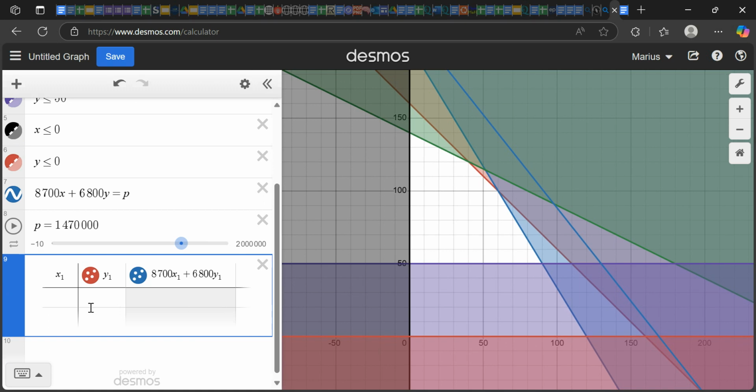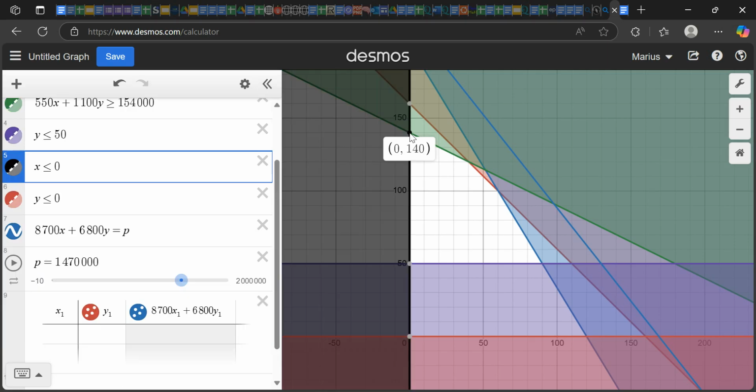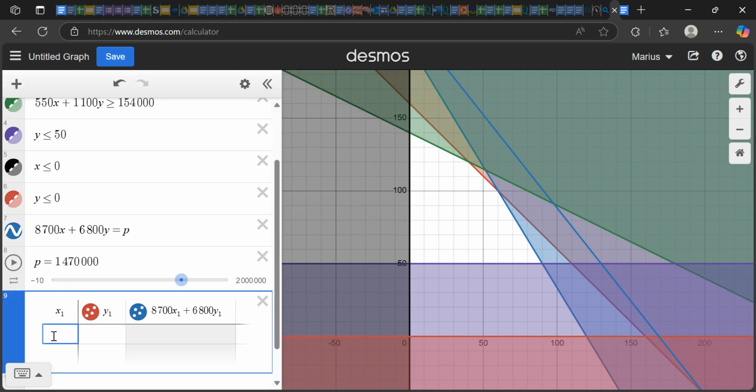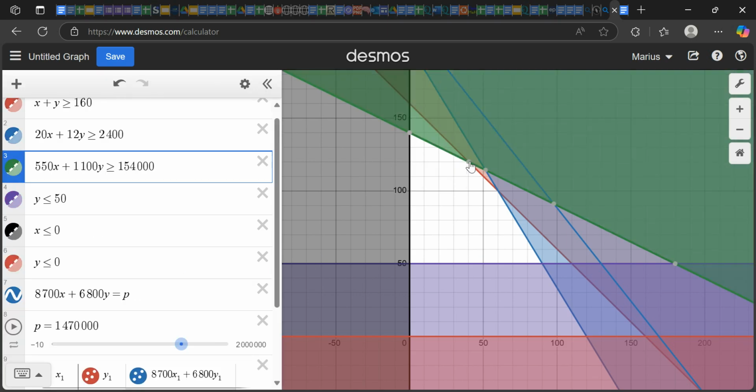And now we can enter the nodes. So I've got a node at 0, 140. I've got the next node at 4, 120.